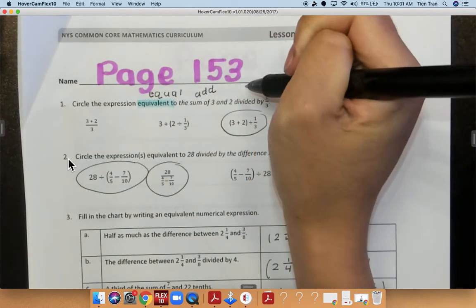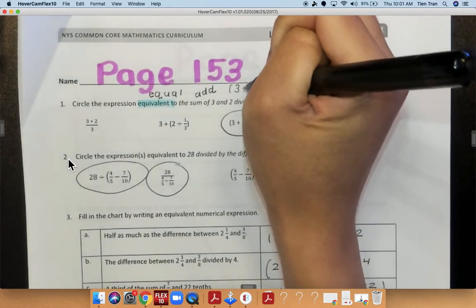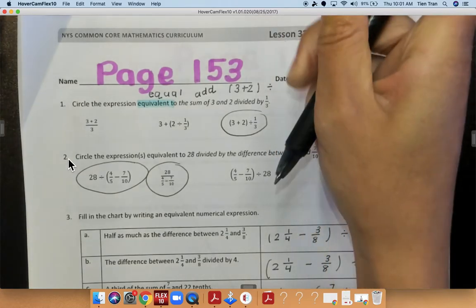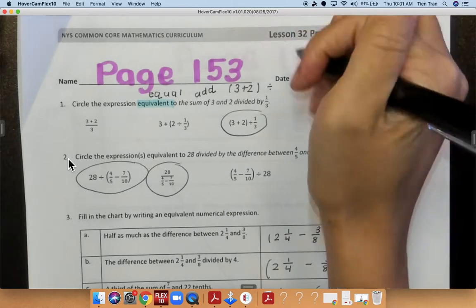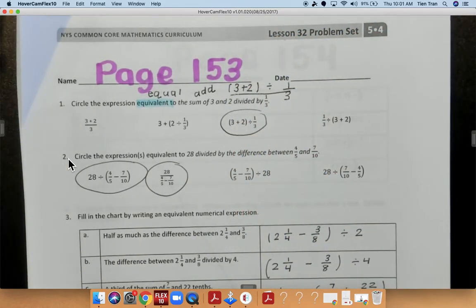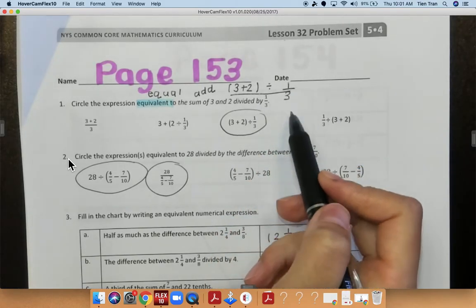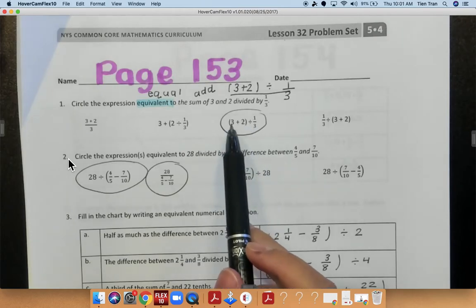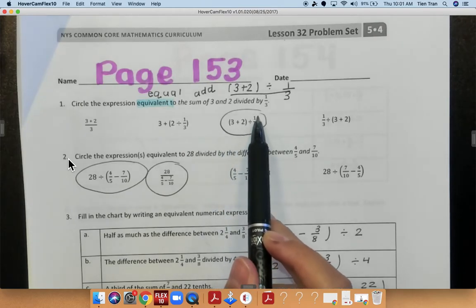So they want me to add the sum of 3 and 2 and then divide it by 1/3. So if I were to divide this by 1/3, I would write it like this, and I could put the whole expression underneath just like that, or I can just leave on the side. So the only one that does that is this one right here. We have the sum of 3 and 2 divided by 1/3.